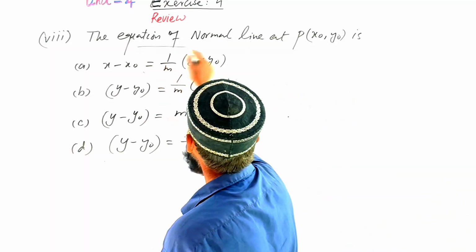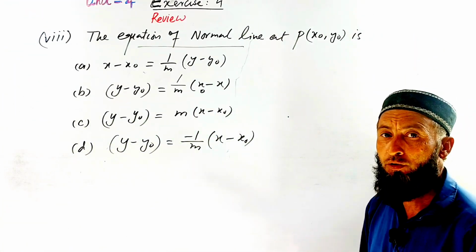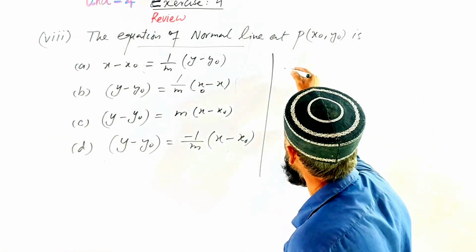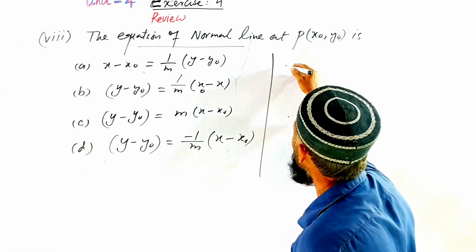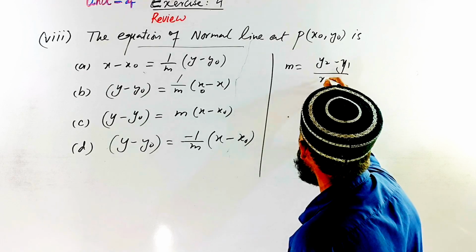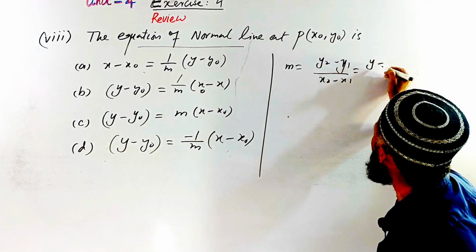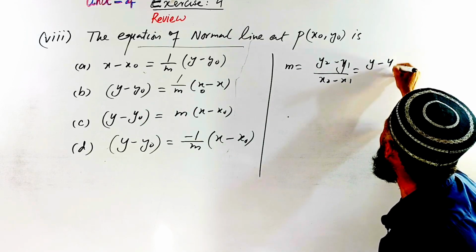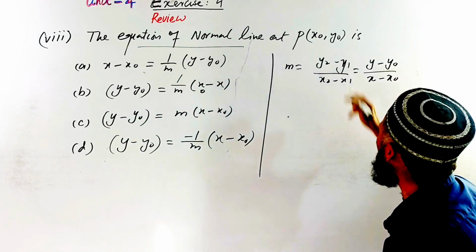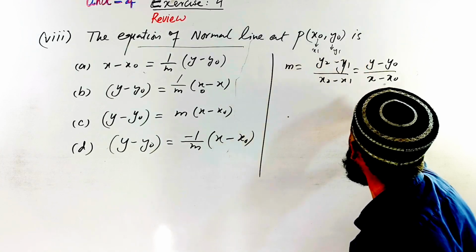For the equation of the normal line, the normal line must be perpendicular to the tangent. So we know that the slope of a line is y2 minus y1 divided by x2 minus x1, where y2 is y, y1 is y naught, x2 is x, and x1 is x naught.